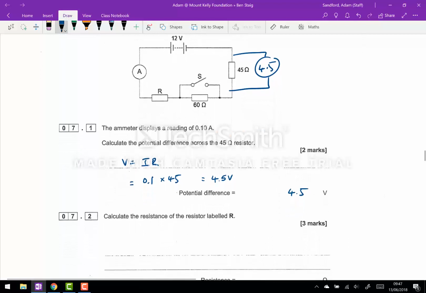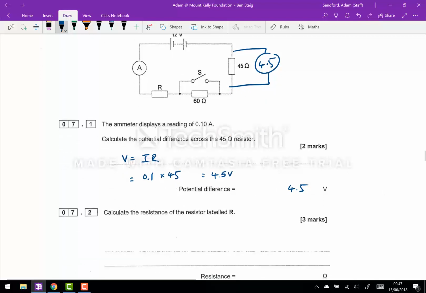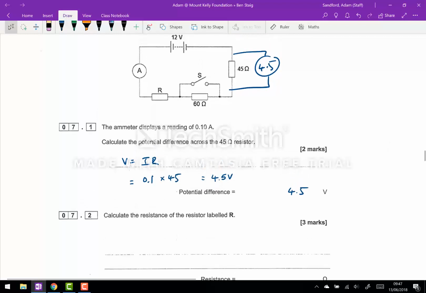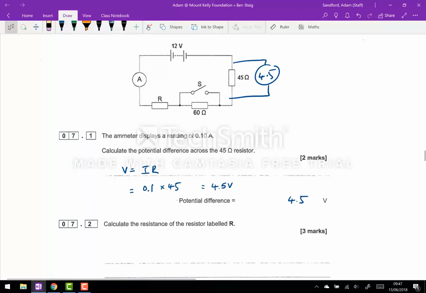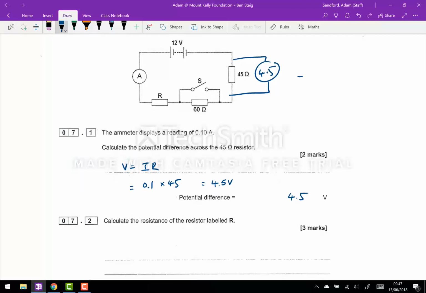Calculate the resistance of the resistor labelled R. Now this is quite difficult actually, because in an earlier question we've got R and 60 and 45 all in a line, and therefore the value of it, if it was one resistor, would be R plus 105, because we were trying to add them all together.